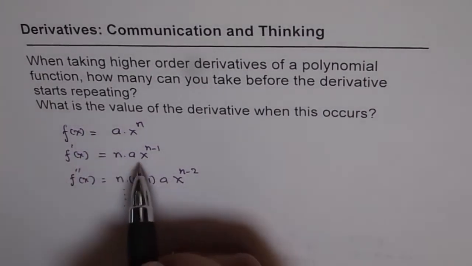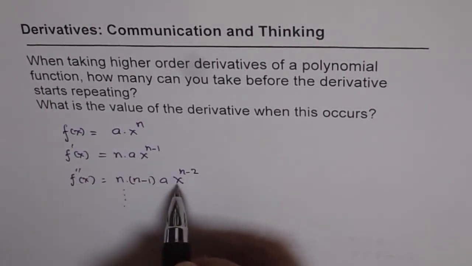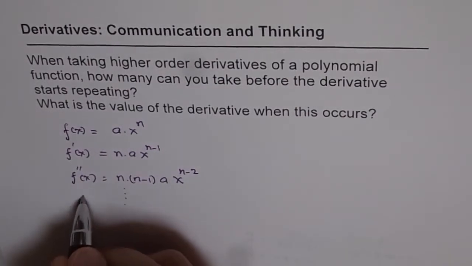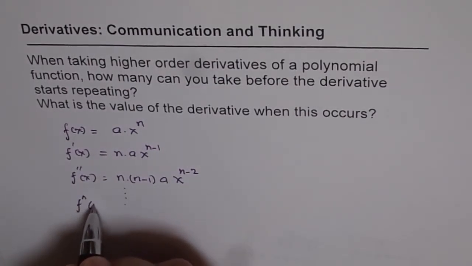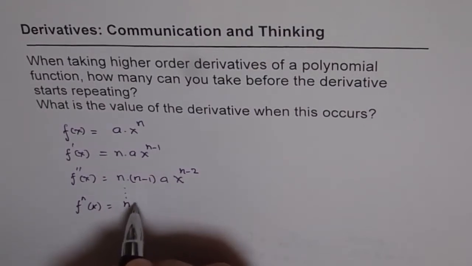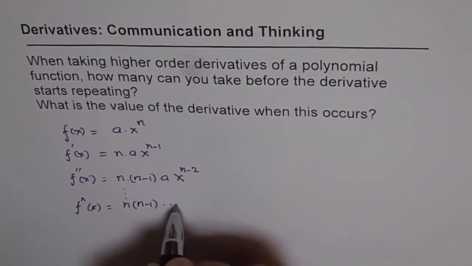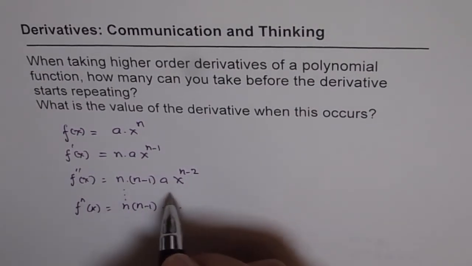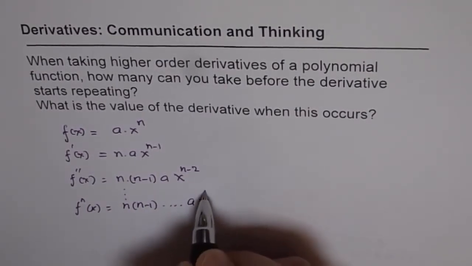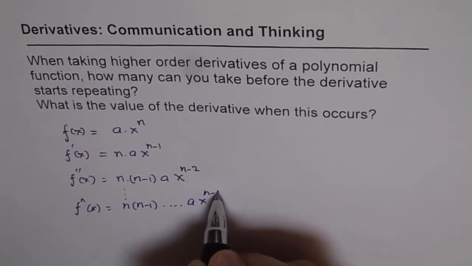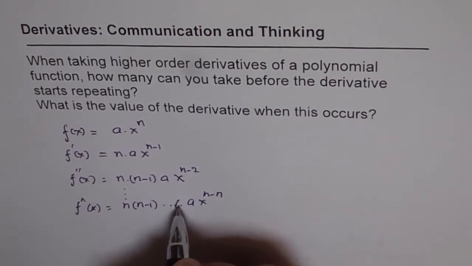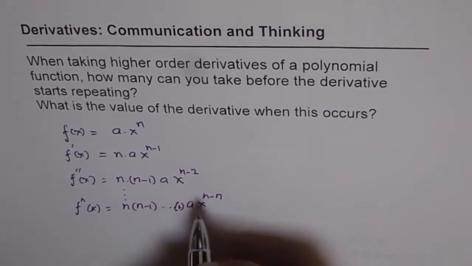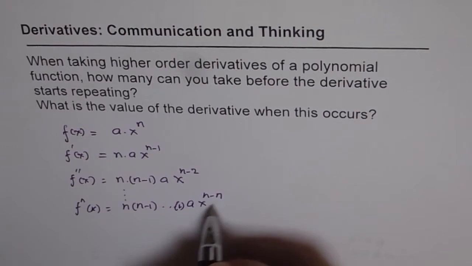So the first derivative is n minus 1, the second derivative is n minus 2, and so if we do it n times, then it will be n times n minus 1 like this, and here ultimately will be n times, that means a x to the power of n minus n. So the last will be like 1. Do you see that number reduces? So it's kind of a series, and here n minus n is what you will get.